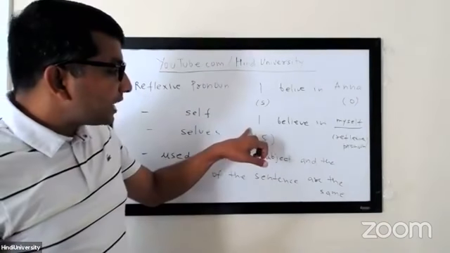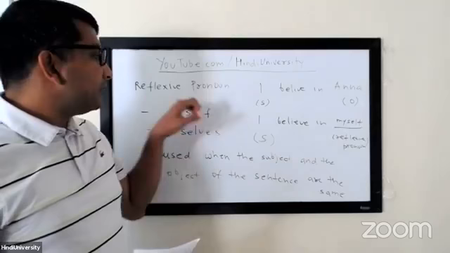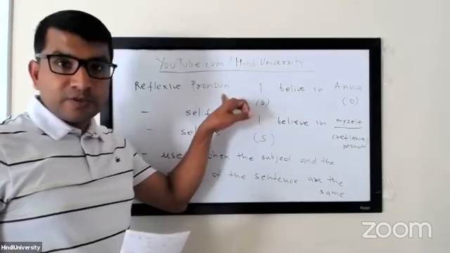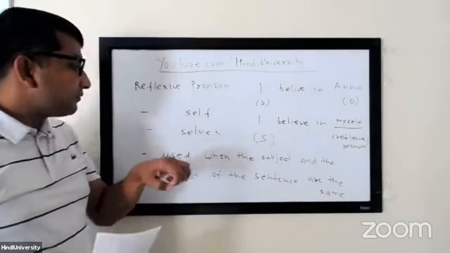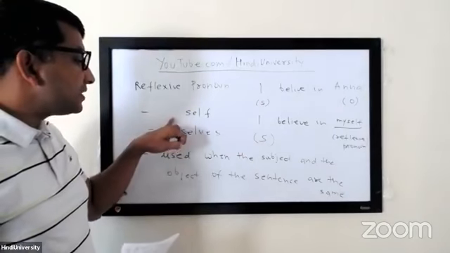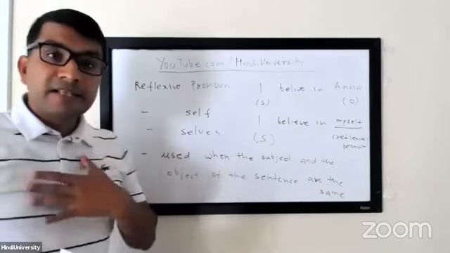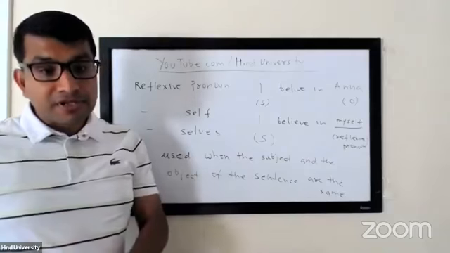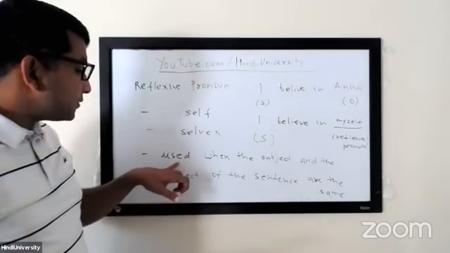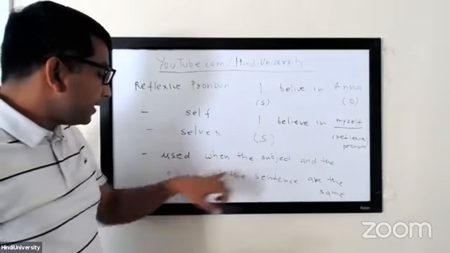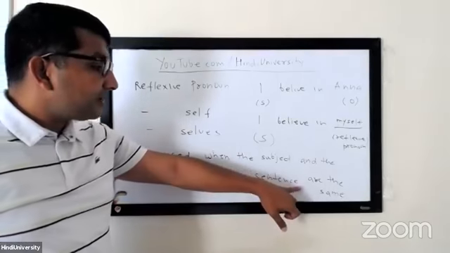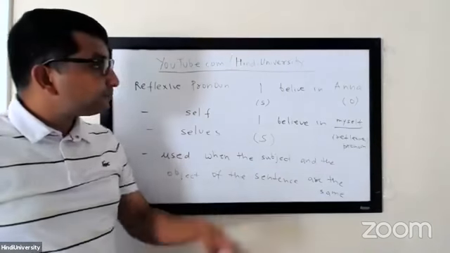Just to summarize, because some people joined a bit late: we are covering a new topic called reflexive pronouns. There are two properties. The pronouns end with self or selves, such as myself, ourself, himself, herself. And they are used when the subject and the object of the sentence refer to the same person.